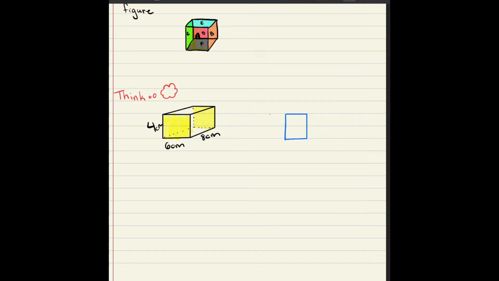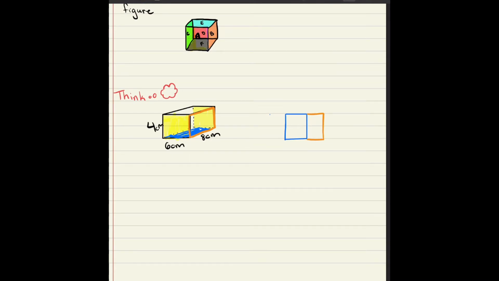So this is my bottom shape. It's this one. This shape. Now I'm going to draw this one here. So it's on the right side. I should be labeling this as I go.